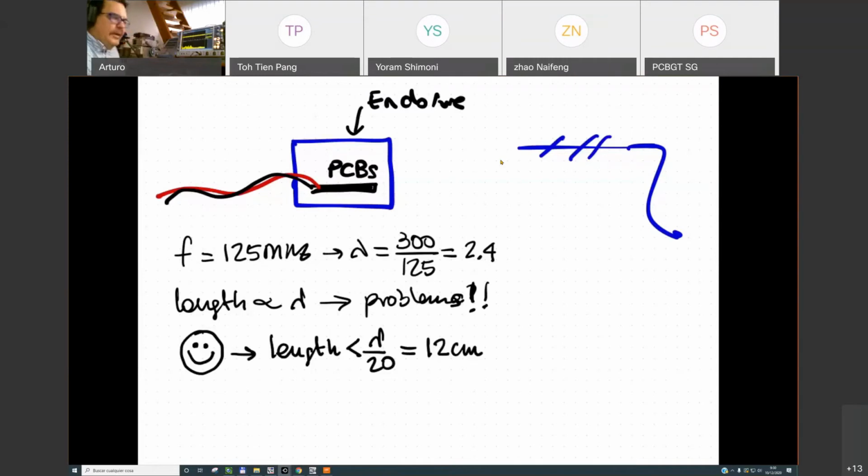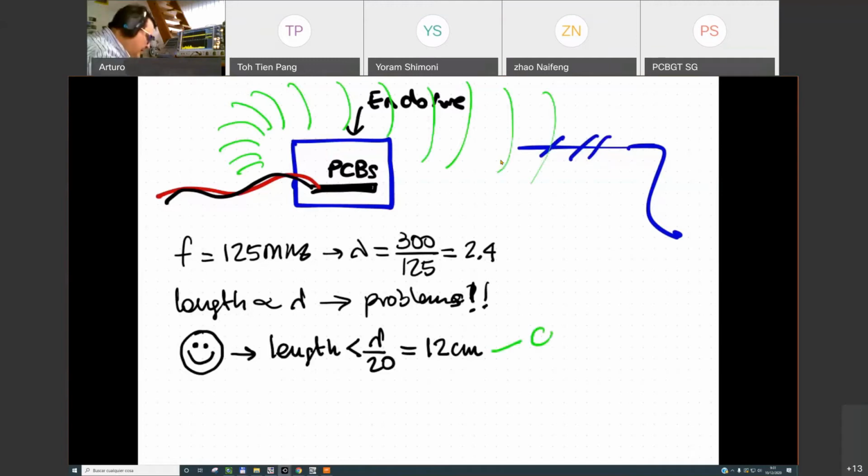So what happened here? We have several possibilities for the emissions of this product. The first thing is that you can radiate with cables. The energy that is being radiated by cables can be one part of the origin of the emissions. So this is cables. The other possibility is the enclosure. But why the enclosure?